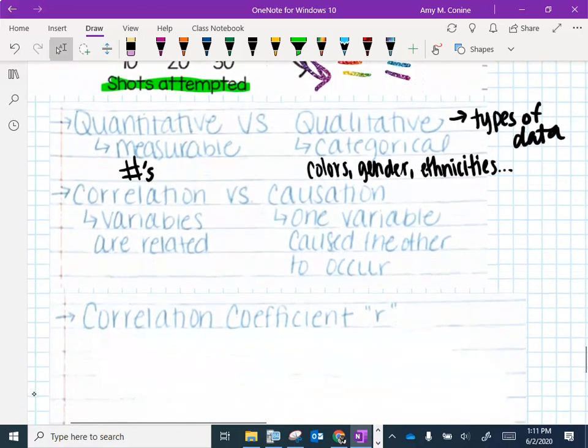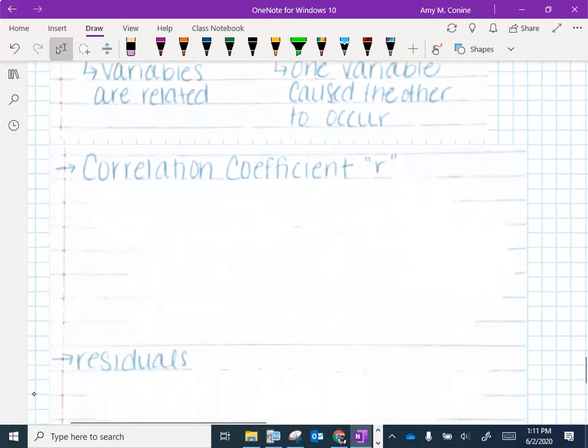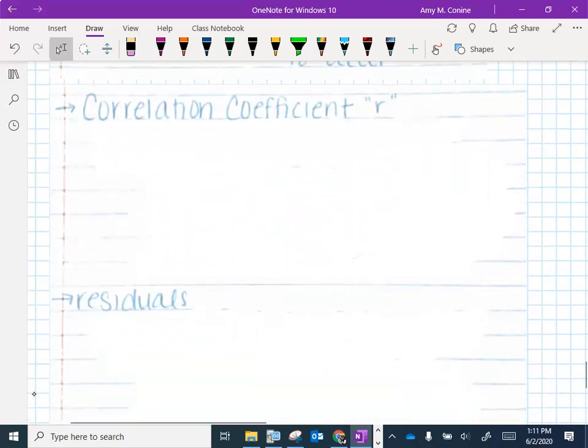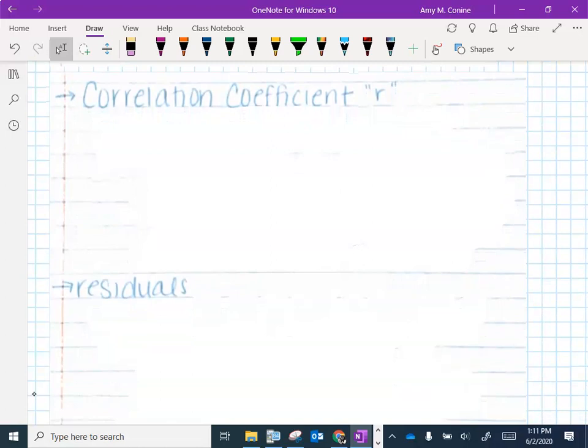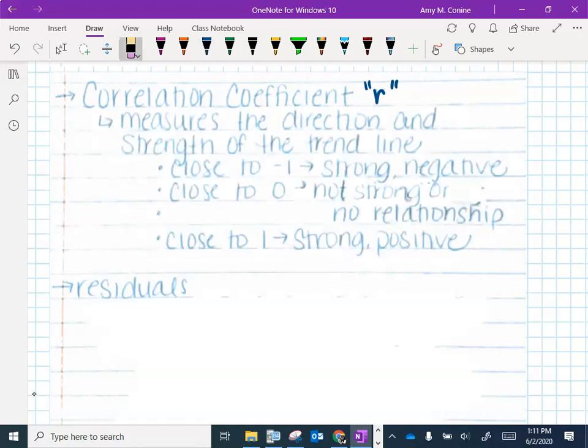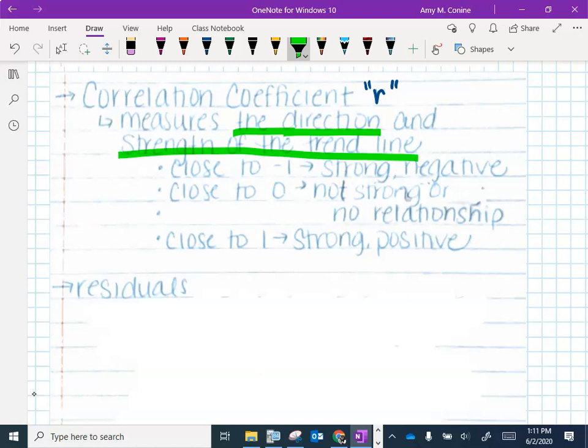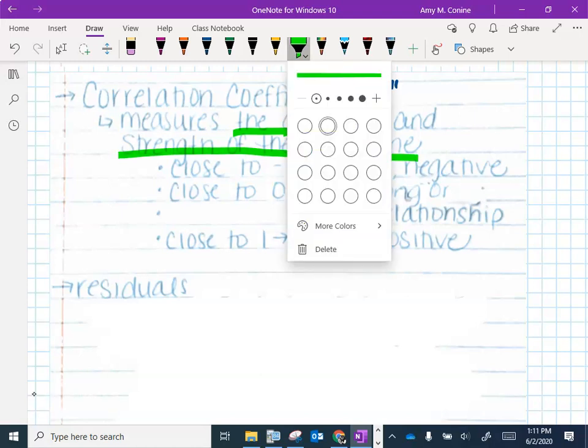So moving forward, there's a few other things. We have correlation coefficient R and residuals. Correlation coefficient is an R. When we do this in the calculator, we're going to look for R. The correlation coefficient measures the direction and the strength of the trend line. We have a few that we need to talk about.